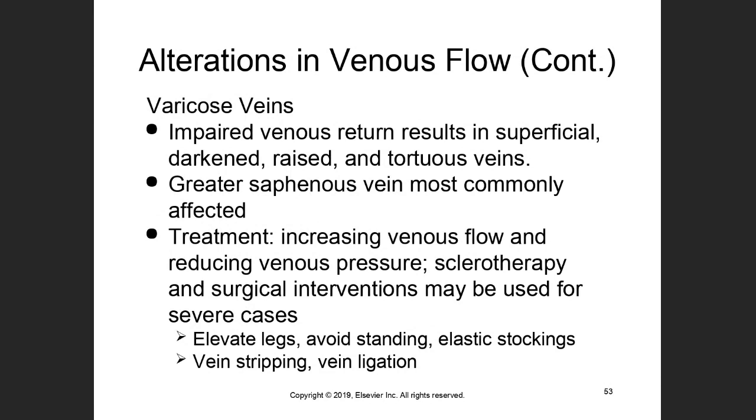Varicose veins: impaired venous return resulting in superficial darkening, raised and tortuous veins, the greater saphenous vein most commonly affected. The treatment is increased venous flow and reduced venous pressure. Sclerotherapy is basically where you put electricity and burn the vein.